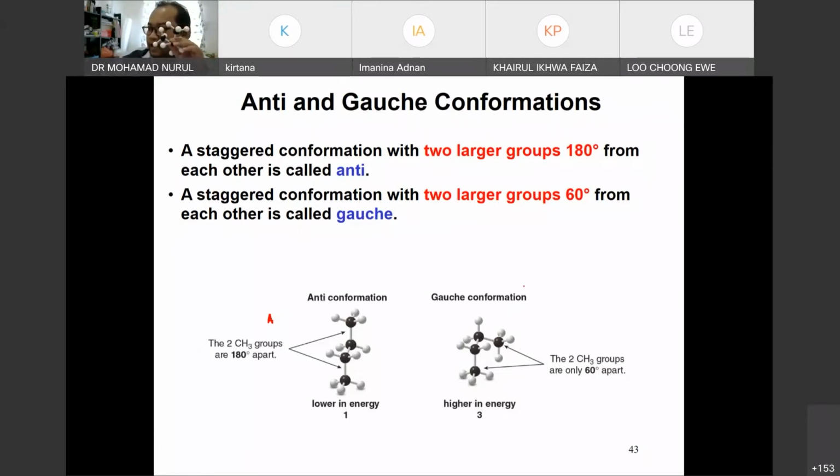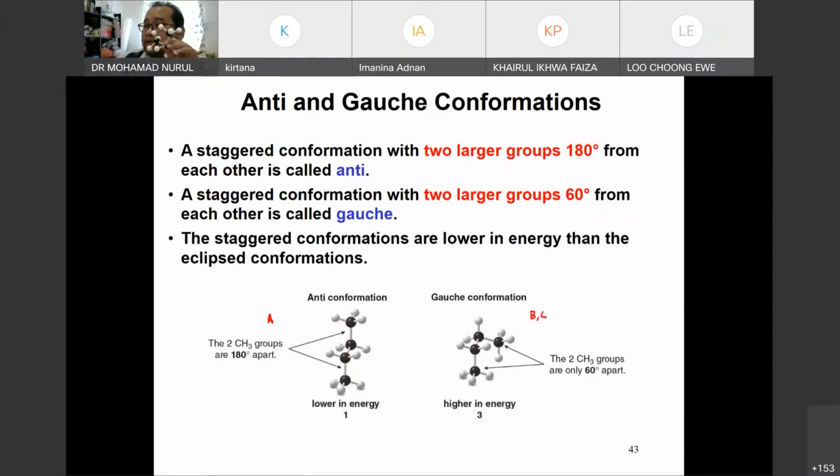For this one we have B and C. Of the two types, staggered is the lowest energy compared to eclipsed.